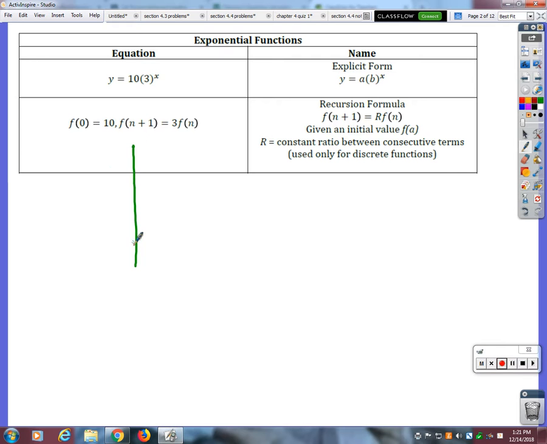When x is 0, y is 10, and then the next one would be 30, and then the next one would be 90, and then 270. So this is another way of writing this same information: you're going to start at 10 and you're going to multiply by 3. Just written in a different form.